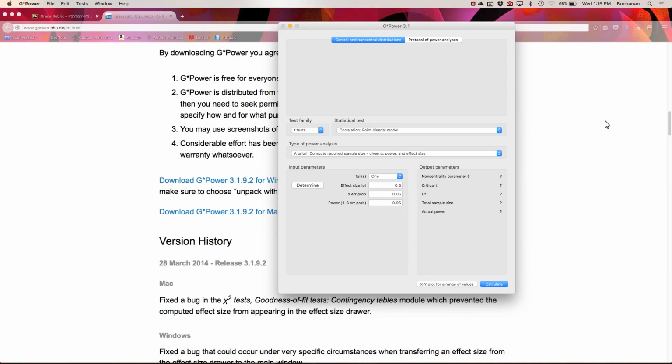So power, what people really do with it is they find how many subjects do I need to make this study happen. So it's really important for a thesis or seminar paper or project. How many participants do I need? And if it says 600, you might want to talk to your advisor because you're never getting out of here. Right? But I help with this a lot. Just like, how many people do we need? And then be done with it, right?